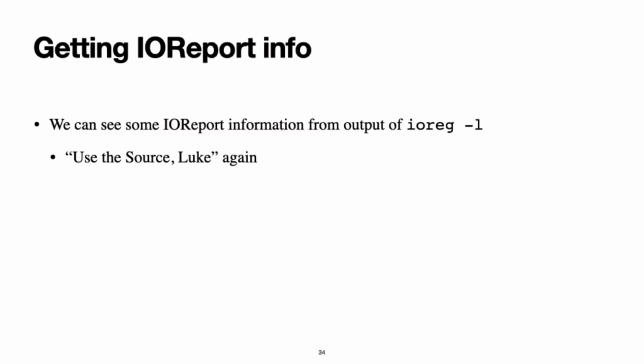Since IOReport is an IOKit mechanism, we can see that maybe there is some information from the IORegistry. And we can also do something similar to what we had done, which is to use the source.